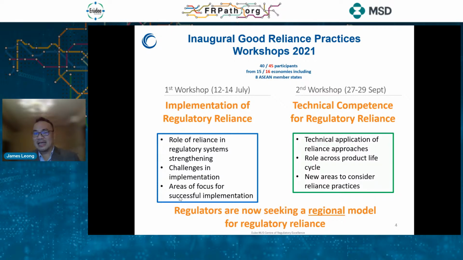They are now trying to prepare themselves: in what ways can they do joint assessment? In what ways can they do work sharing with other similarly sized or similar agencies in the same situation, so that they can move forward their own regulatory duties as well? So bear that in mind, because there's a slight shift from wanting just to reference a decision towards a next step of a regional reliance model.